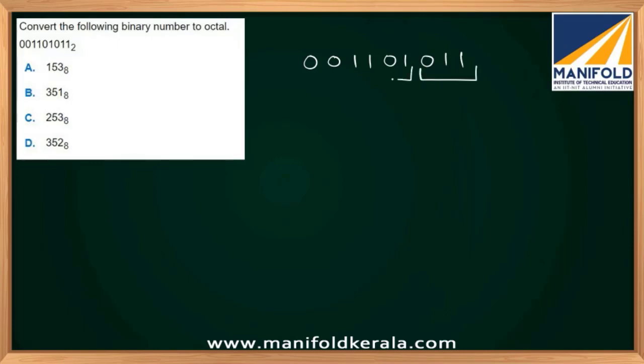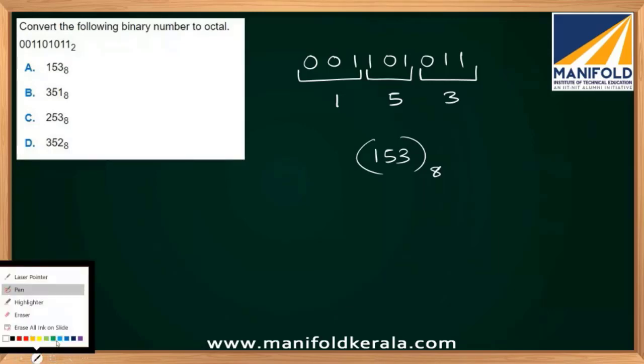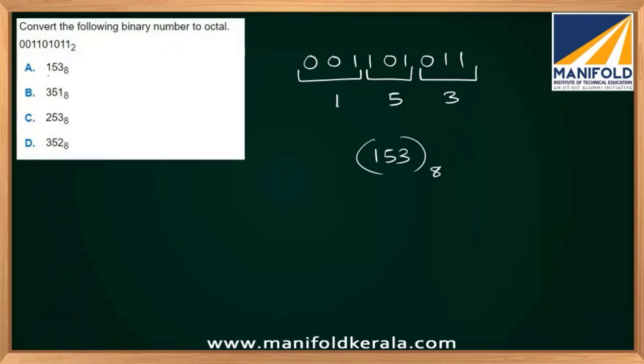Group of 3, group of 3, group of 3. It's straightforward. This is 1, this is 5, this is 3. So it is 153 base 8, right? Okay. That's also straightforward. You just have to group it by 3.